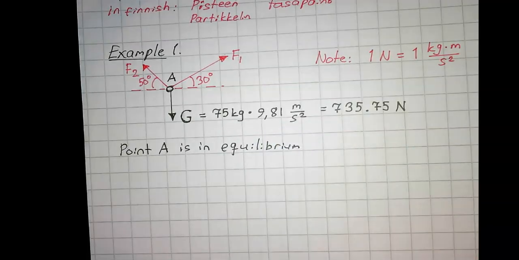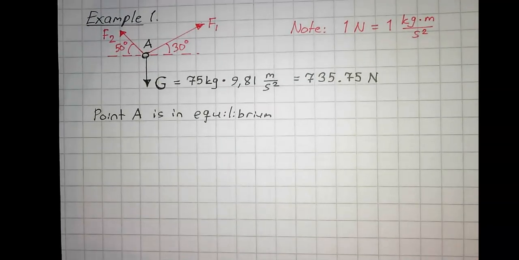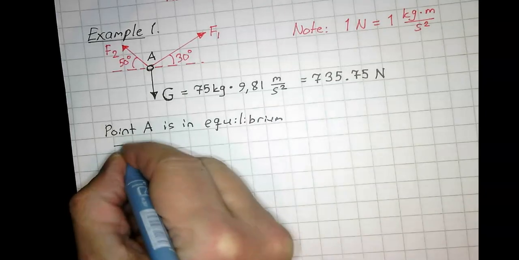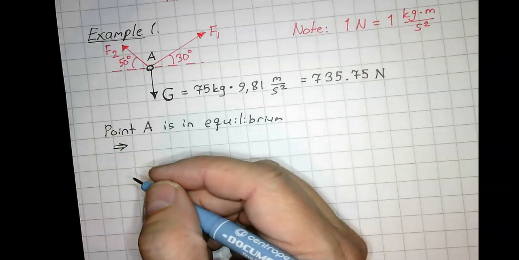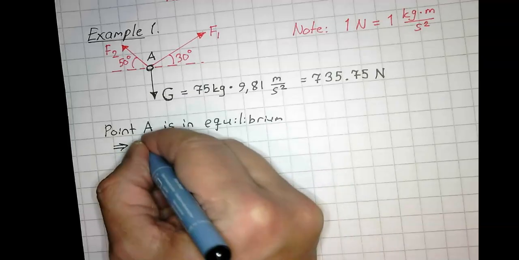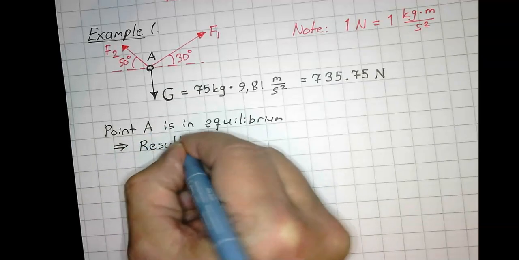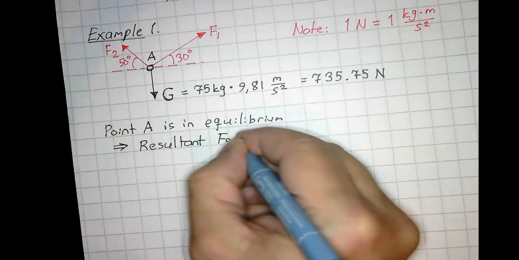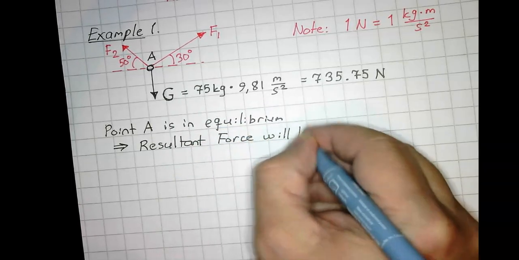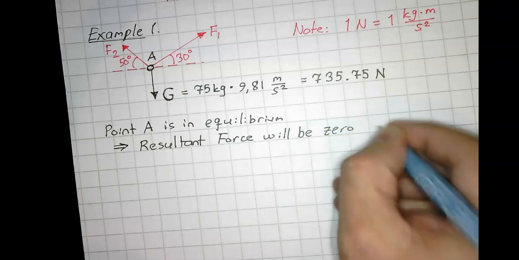That means all forces sum to 0, or when we calculate the resultant of those three forces, we will get the result of 0. So this means that the resultant force will be 0 force.